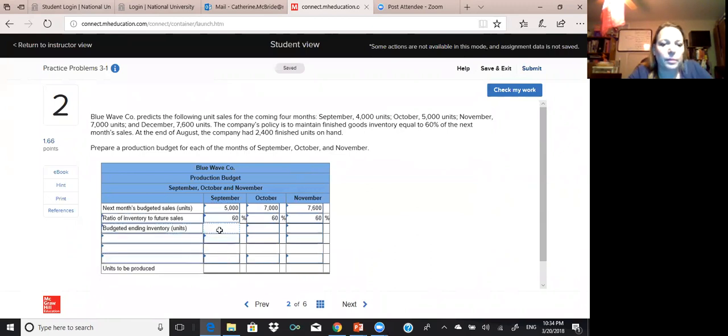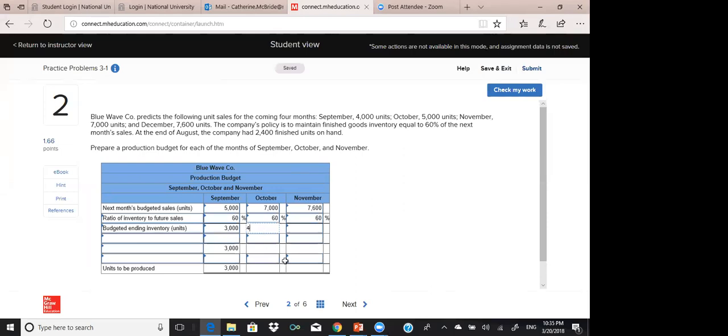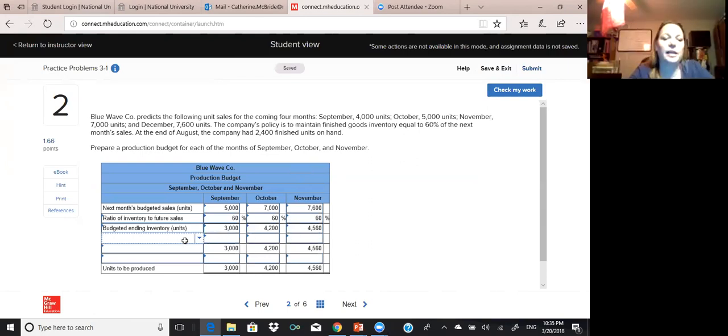Budgeted ending inventory. What's 3,000? 4,200. 4,560. Okay, so that's what we need to have in ending inventory.